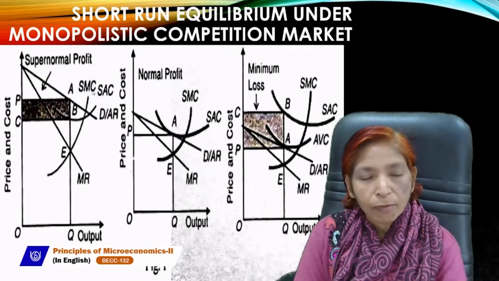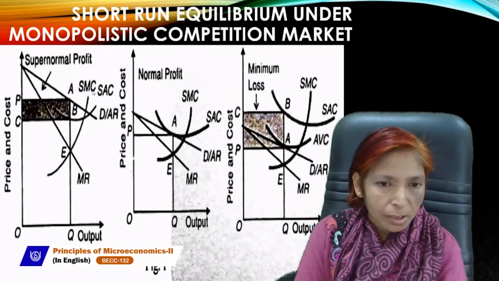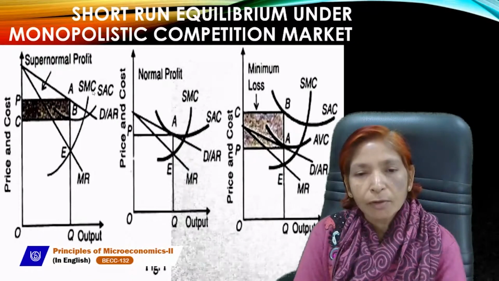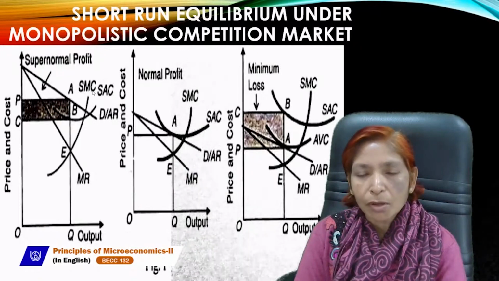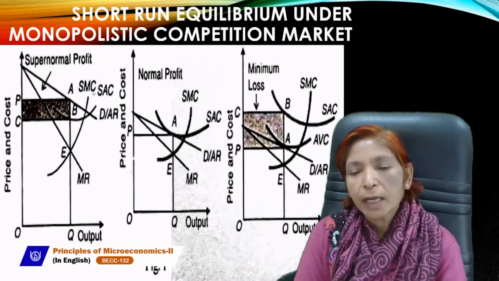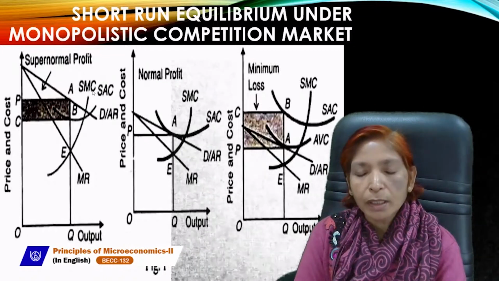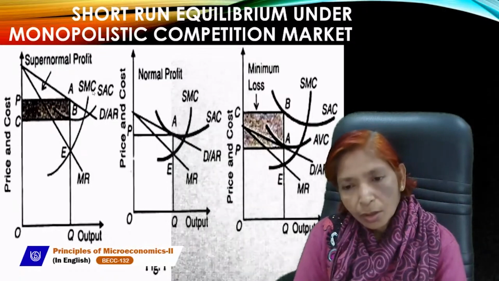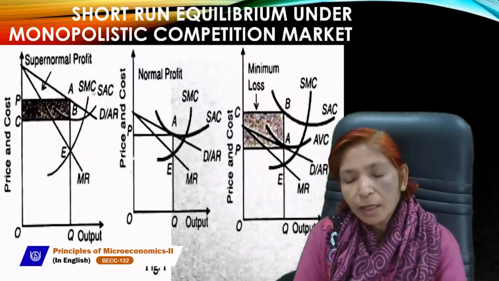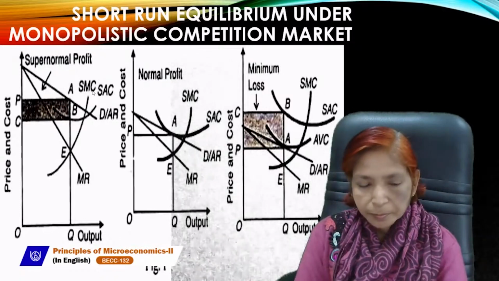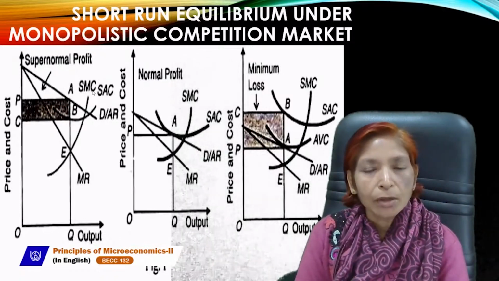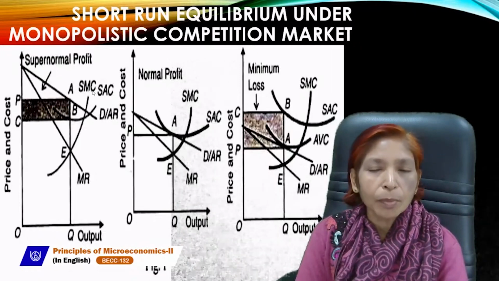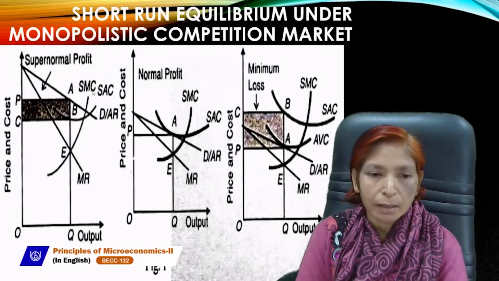It means the firm may be on supernormal profit or on normal profit, and sometimes the firm has to bear some losses, or the firm can temporarily shut down its business due to losses or due to not recovering average variable cost. So these are the short run equilibrium conditions under a monopolistic competition market.